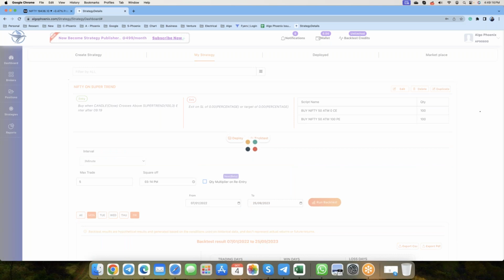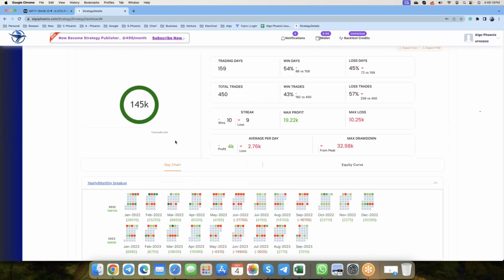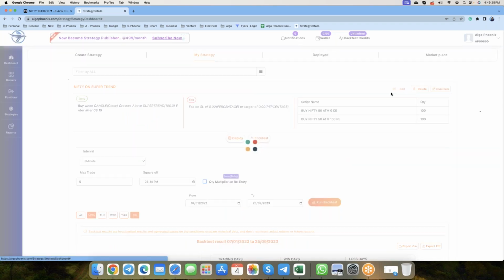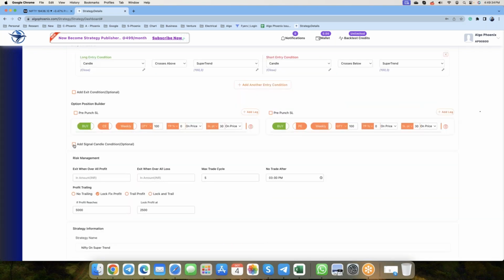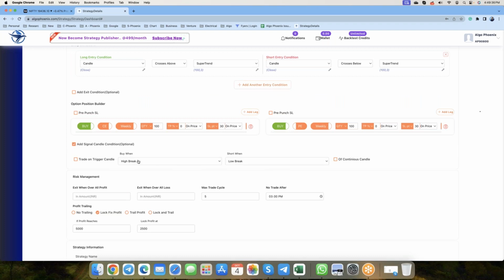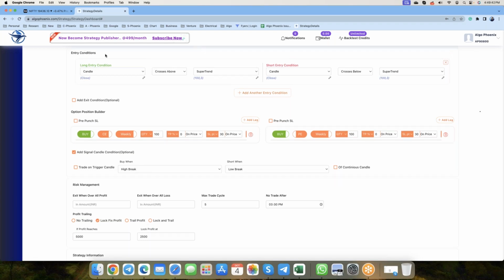Now, in this example, we've arrived at a very good strategy, which is very good for us to deploy. I can edit this, and make it no trailing, or lock and trail. On top of this, I can also add a condition where entry has to be done once my signal candle condition is met.